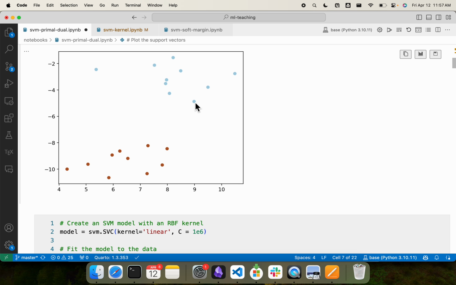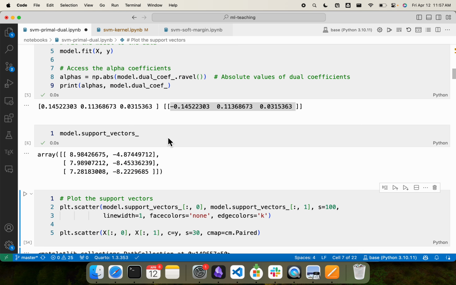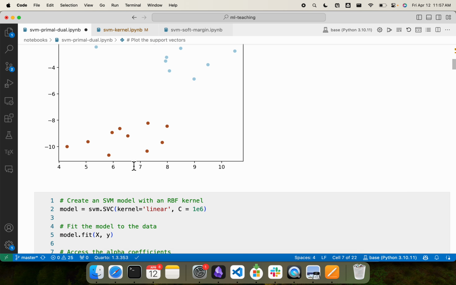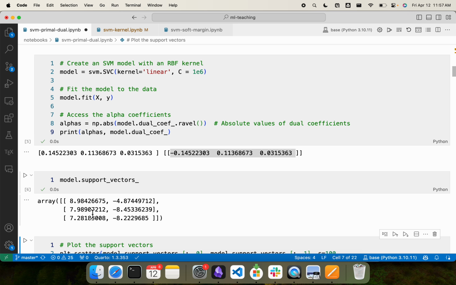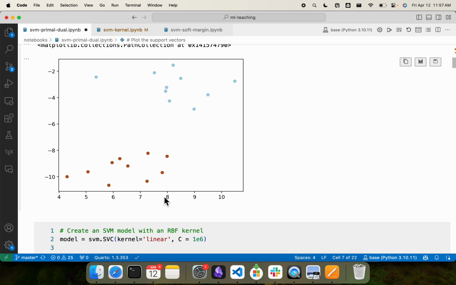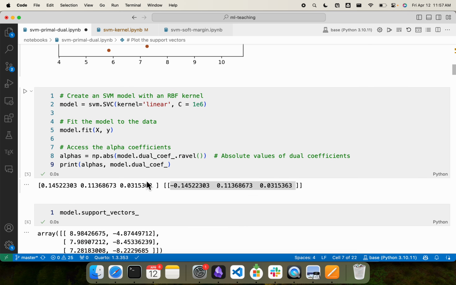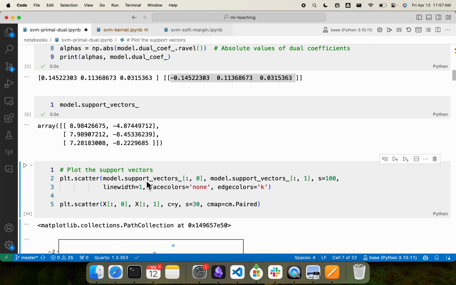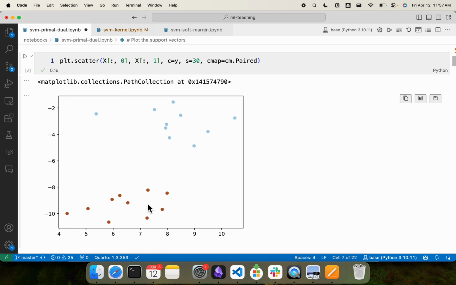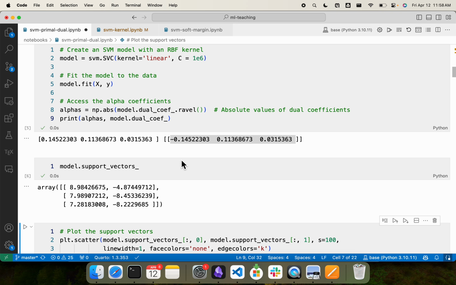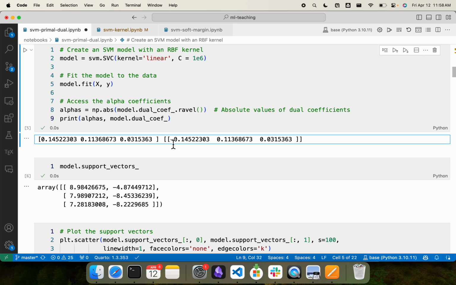So there seems to be one blue point which is a support vector, and two orange points which are support vectors: (8, -8) and (7, -8). So these two points and this blue point are serving as the support vectors, and you can verify that for the first support vector, alpha into y_i is negative, which means that this is the -1 class. The other two are the +1 class.